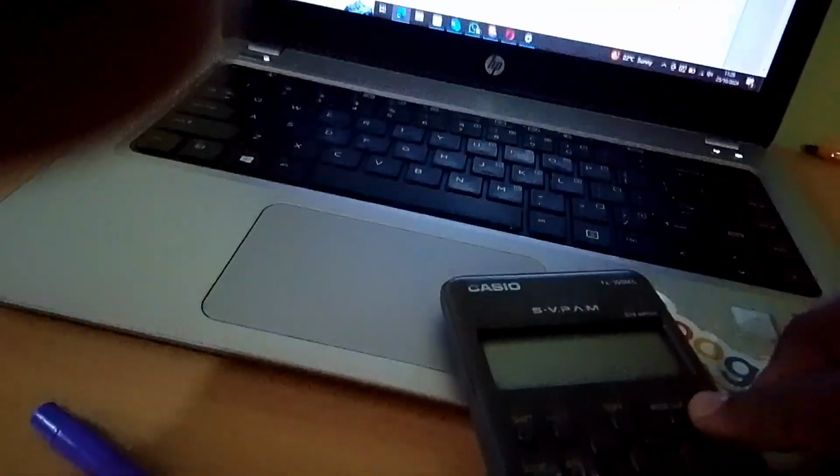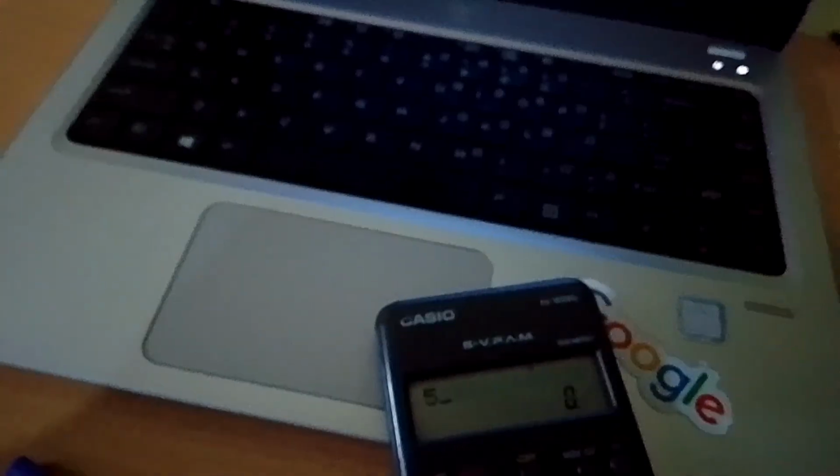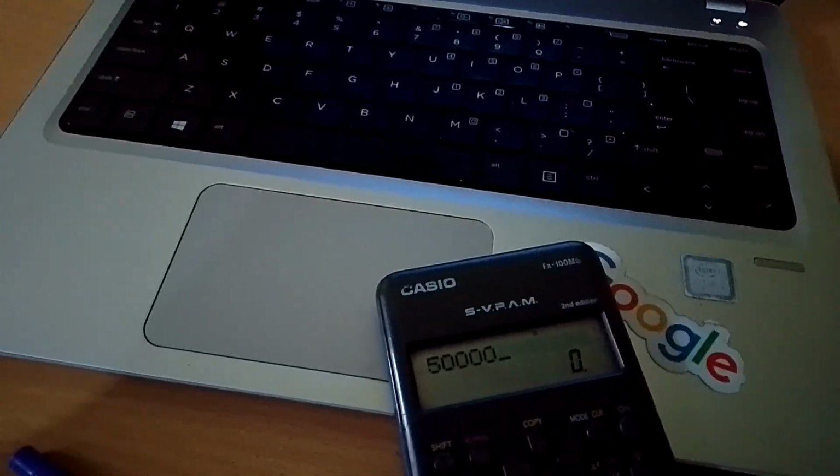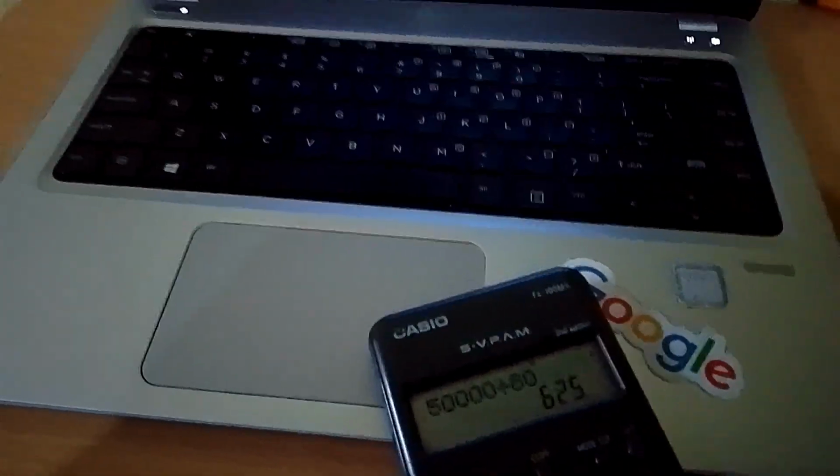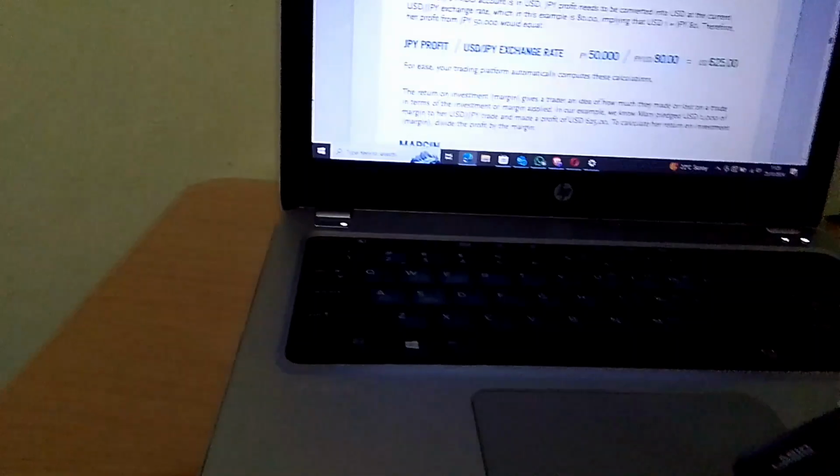So by doing that, let me just get my calculator. From my calculator, 50,000 divided by 80 gives you 625. So, let's write that down.